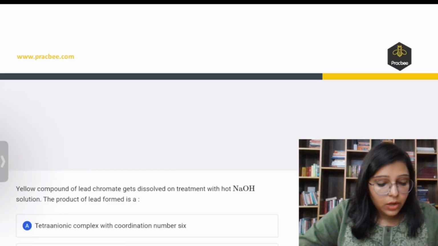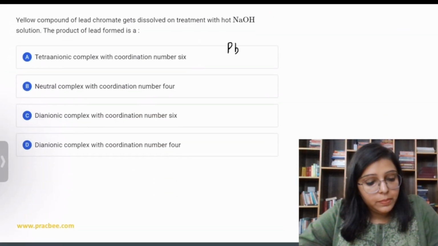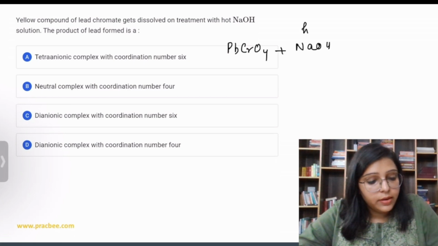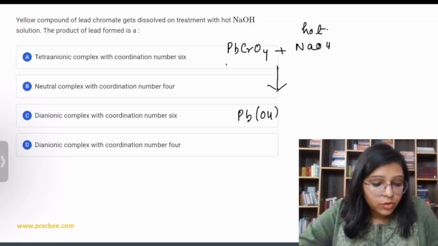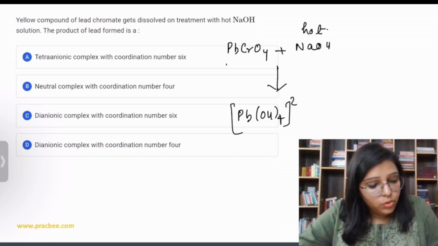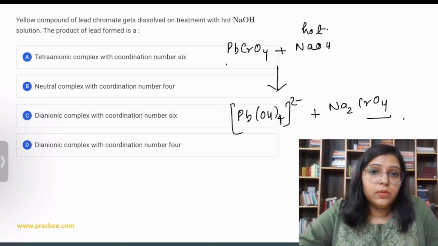Okay. Now, next question. The yellow compound lead chromate, PbCrO4, gets dissolved in hot concentrated NaOH. The product of lead formed is, so PbCrO4 gives [Pb(OH)4]2- plus Na2CrO4.